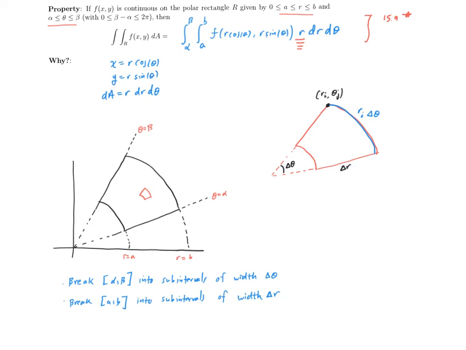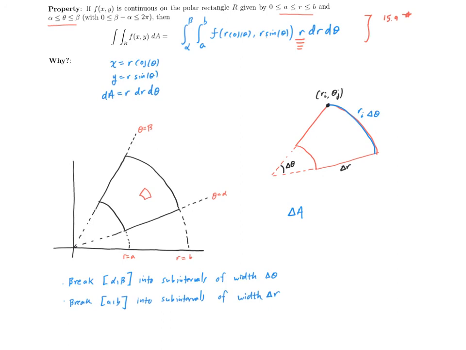And this shows us everything that we need to know. So thinking back to our previous discussion on double integrals over Cartesian rectangles, when we write down the Riemann sum, there's this quantity delta A, which represents the area of one of the small subrectangles. So in this case, it's going to represent the area of this small generic polar subrectangle.